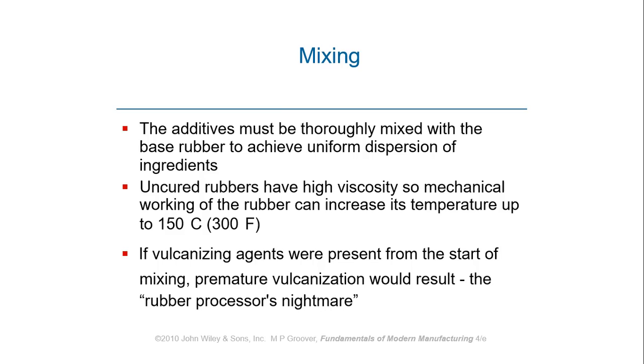If the temperature increases to 150 degrees Celsius and you have mixed the vulcanizing agent with the rubber before mixing, then there will be partial vulcanizing, which means partial chain formation, and that will interrupt the actual vulcanizing process, and you will not obtain your desired property. That is why you need to really take care of the temperature when you are mixing additives with the rubber. You have to be really careful so that no vulcanization occurs during the mixing.